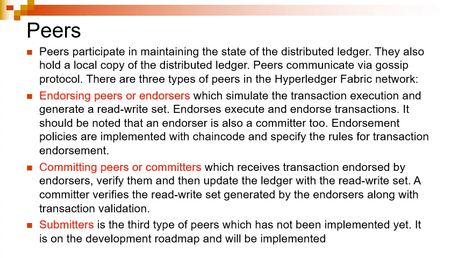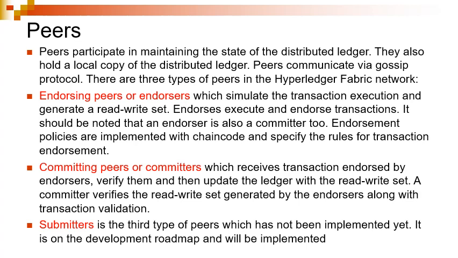So the change should be there on every peer, on every node in the fabric, or you can say blockchain. Each peer holds a copy of the distributed ledger, and peers communicate with each other via the gossip protocol.